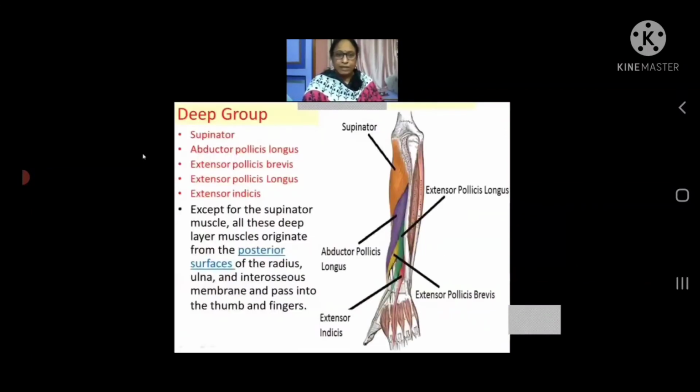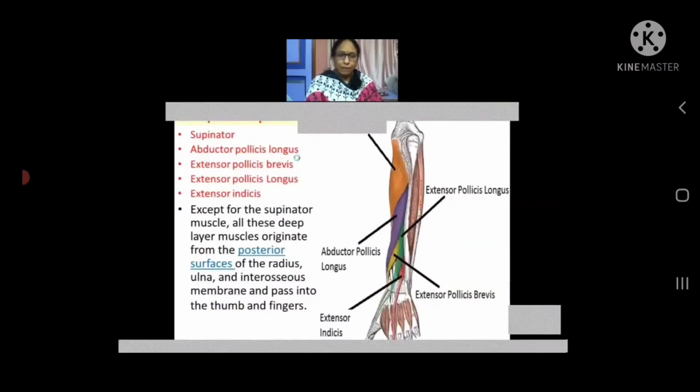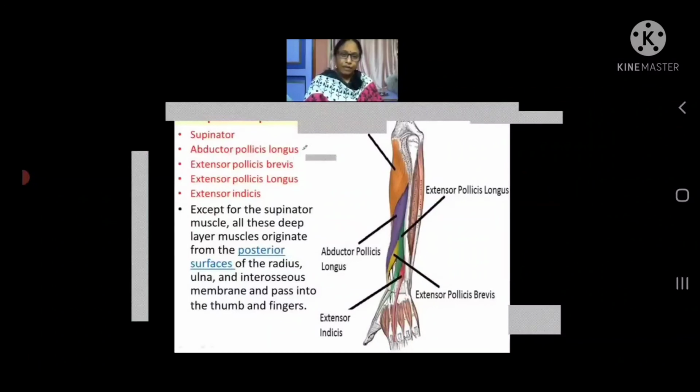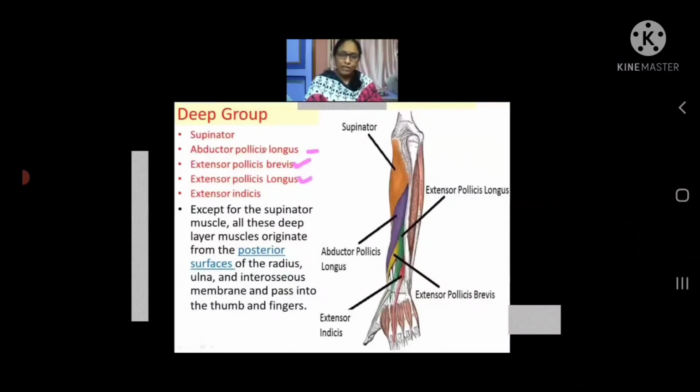And the deep muscles are supinator, abductor pollicis longus, extensor pollicis brevis, and extensor pollicis longus. So for the pollicis, meaning for the thumb, we have the abductor and two extensors, one brevis and one longus. Then extensor indicis, where indicis means the index finger. The topmost is the supinator.